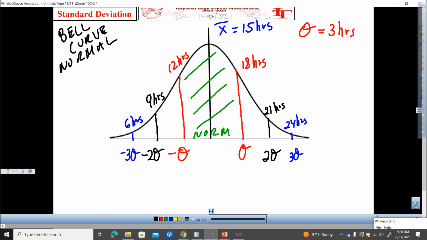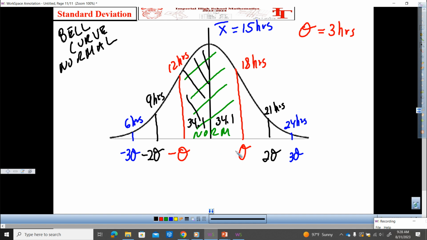So, inside of the bell curve, we have percentages that we need to account for. So in here, we're going to put 34.1, and the one to the right is also 34.1.